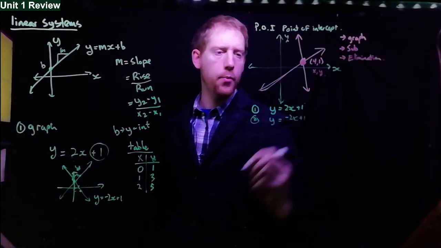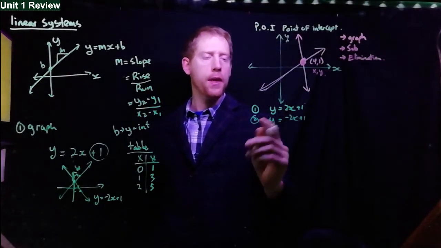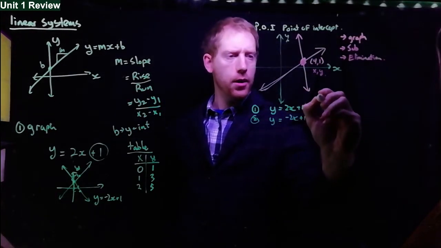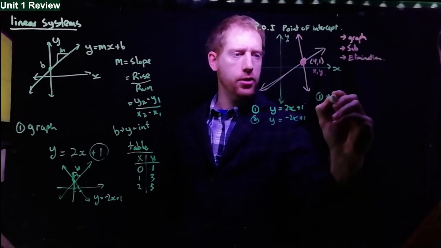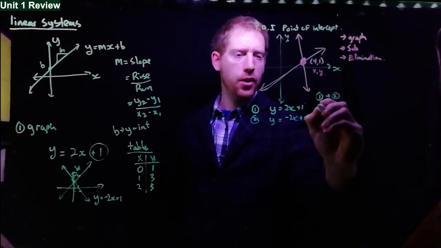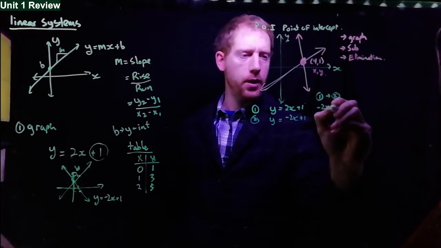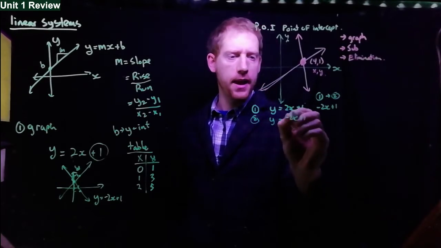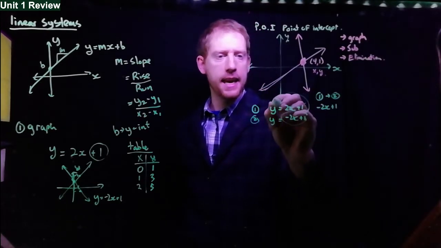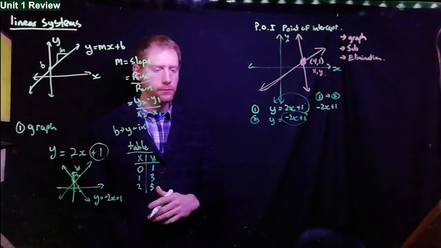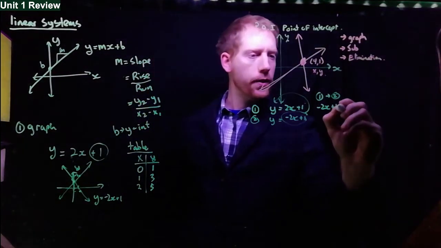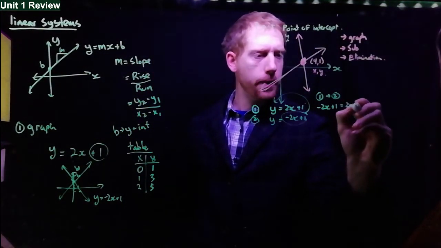What is the point of intersection? Substitution is where you put one equation into the other equation and then you solve for your unknown. For example, 2x plus 1, I'm going to put this in for the other variable. So this is going to be equal to negative 2x plus 1.